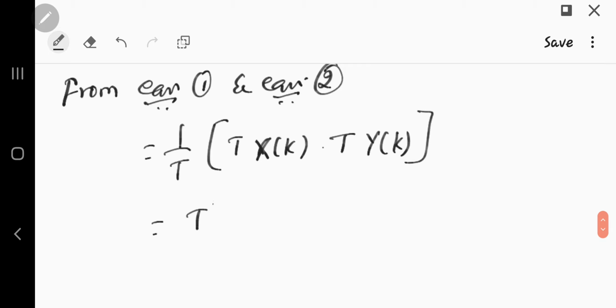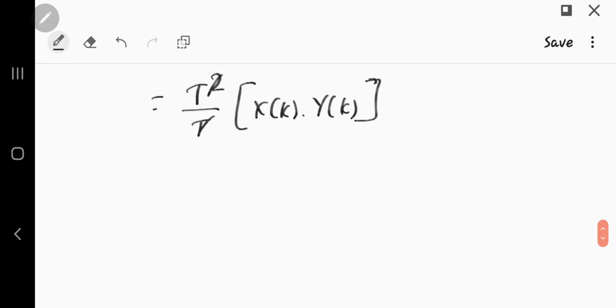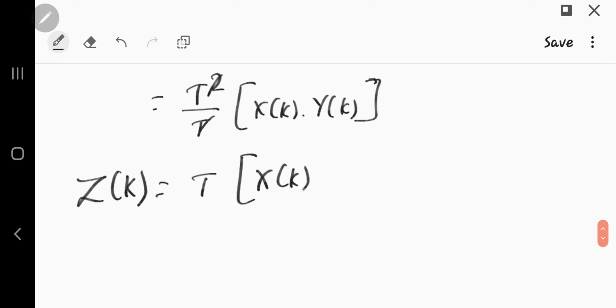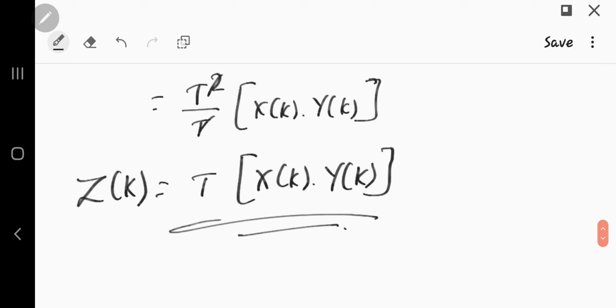So that gives us T square by T into x of k into y of k. So this gets cancelled. Here we started with z of k, that is equal to T into x of k into y of k. So this is the proof for convolution. Okay.